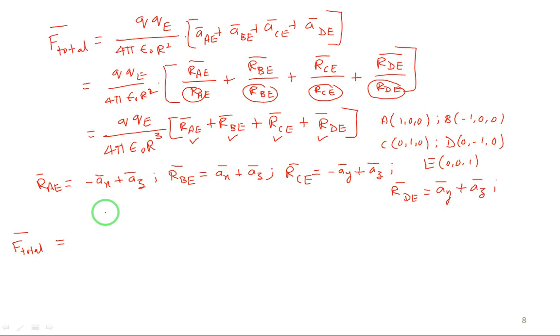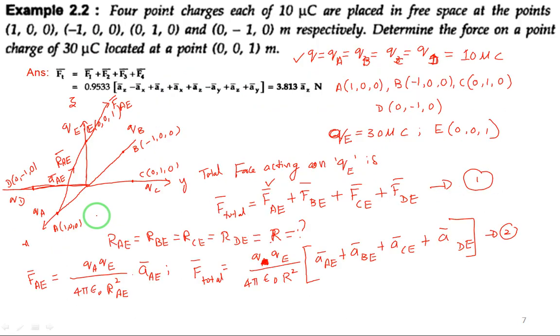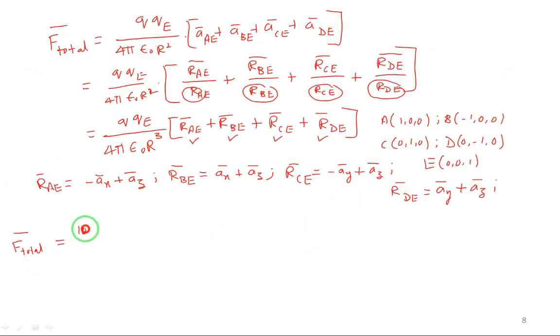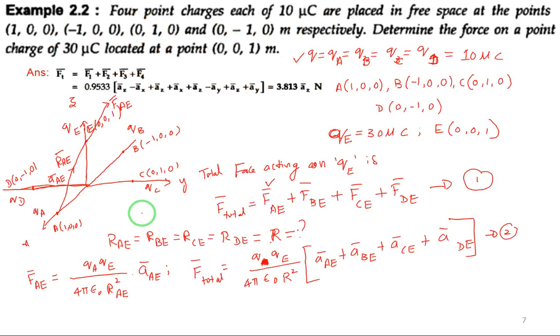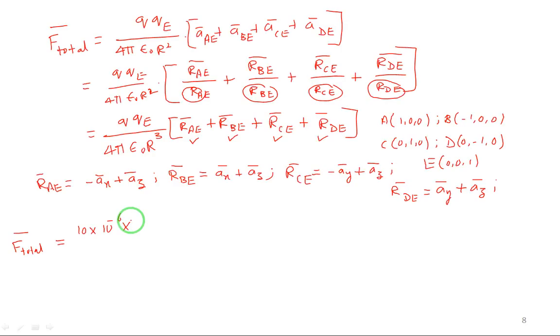So what is Q? Q is 10 microcoulomb. So I will substitute 10 into 10 power minus 6. And what is QE? 30 microcoulomb, right? Yes, QE is 30 microcoulomb.